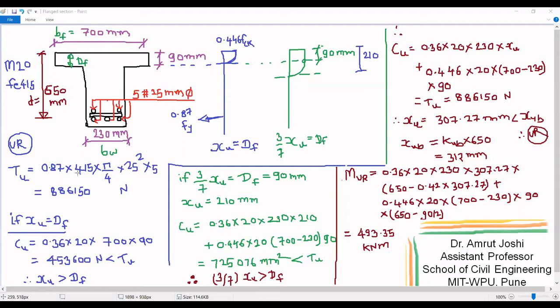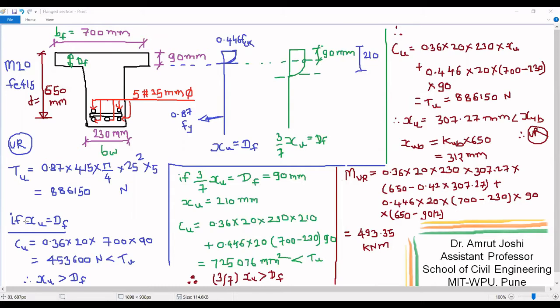Therefore, it is 0.87 Fy into AST. This Tu turns out to be 886150 Newton. Keep track of units. As we have substituted 415 in MPa, that is Newton per mm square, you will get Tu in terms of Newton.